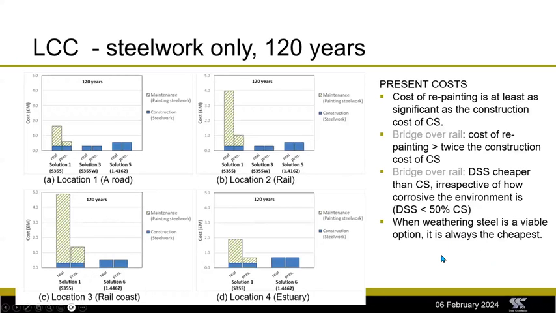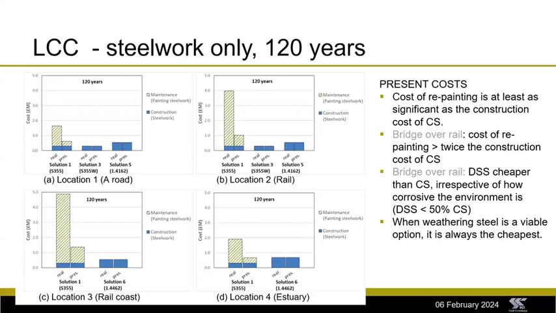So the conclusions would be that the cost of repainting is at least as significant as the construction cost of carbon steel. Well, that's interesting. For bridge over rail, the cost of repainting the carbon steel was actually twice the construction cost. Very expensive, as you know, it's obvious, isn't it?